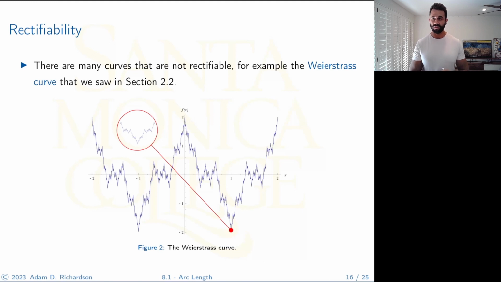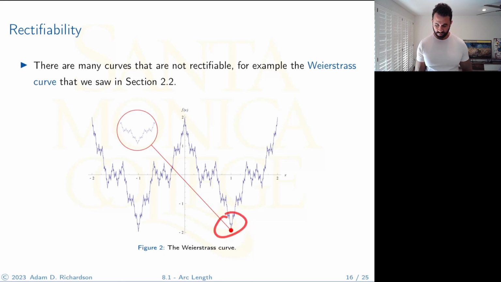He created this curve as basically the counterexample to the connection between continuity and differentiability. So this curve is continuous everywhere, but it is differentiable nowhere.